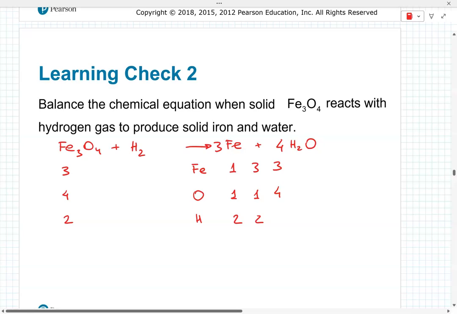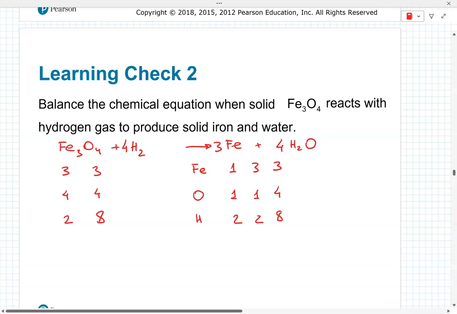How many hydrogens on the right do we have now? 8. We're good with iron? We're good with oxygen? What do we need to do with hydrogen? 4, because if you put 2, it's good. Now we have 3, 4, and 8.